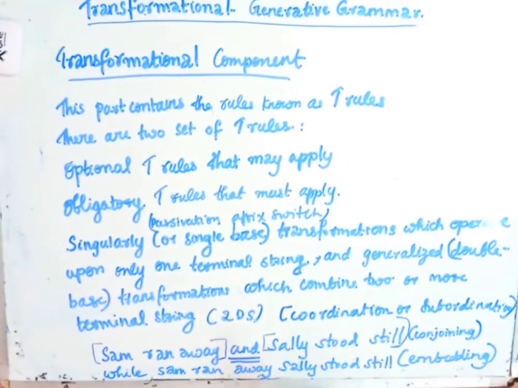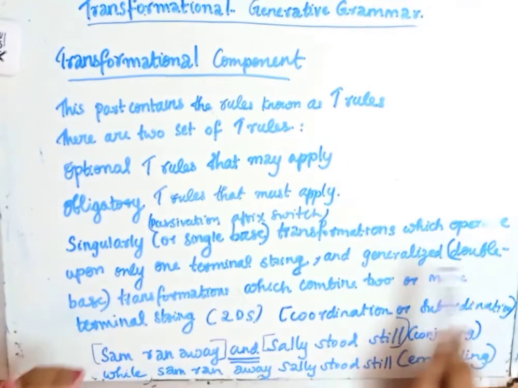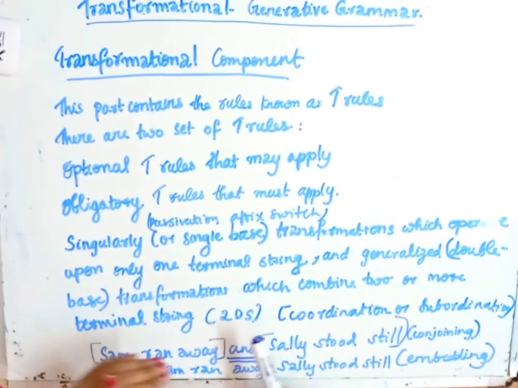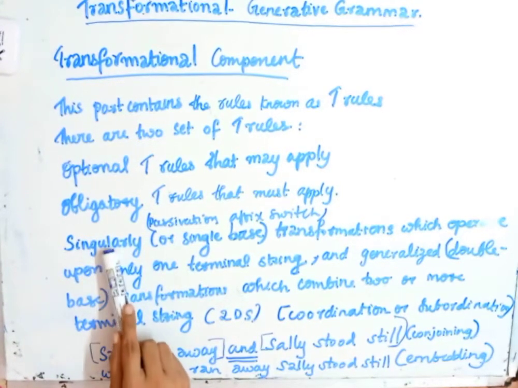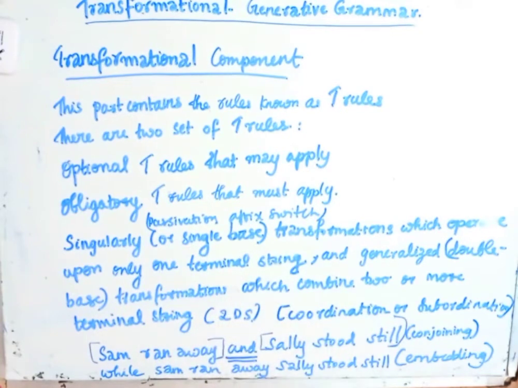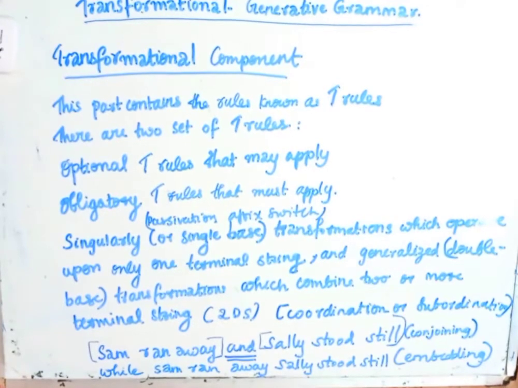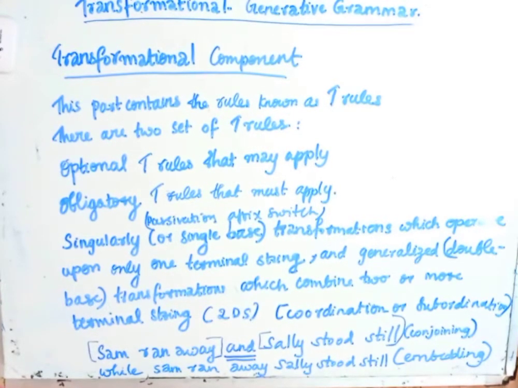And you have generalized double base transformation, which combines two or more terminal strings. So in singularly or single base transformation, as the word itself indicates, there is only one base, only one terminal string, and the T rules operate on one terminal string.